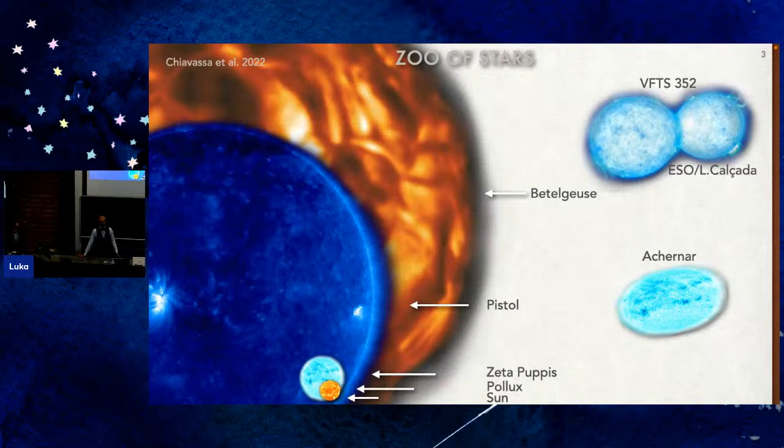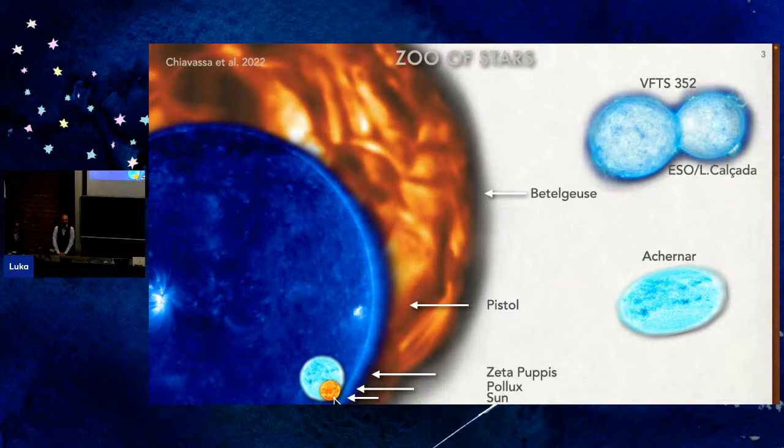Roughly speaking, there are as many stars as there are grains of dry sand on the beaches of Earth. And stars come in all sorts of sizes, colors, and even shapes. For example, here I show the sun in this tiny, where's my cursor? In this tiny bright dot here, which you can barely see.